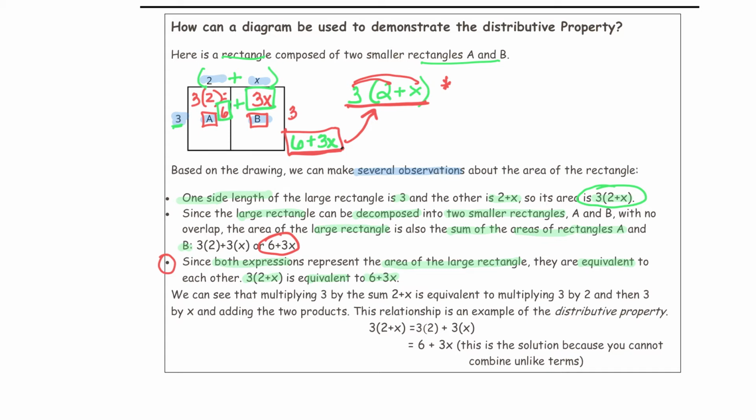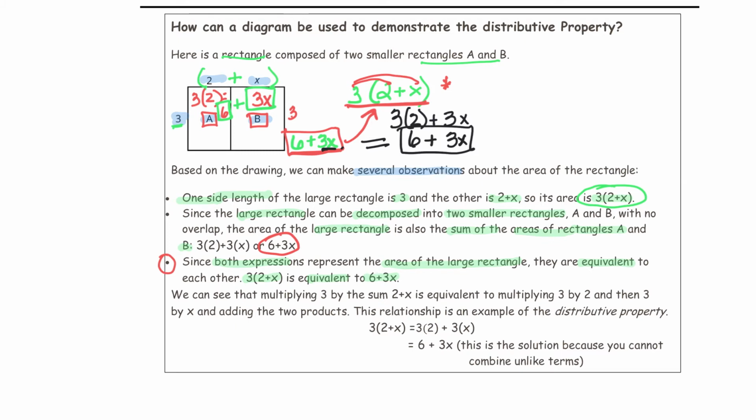6 plus 3x is equivalent to 3 times 2 plus 3 times x. So this turns out to be 6 plus 3x. Are they equivalent? They are.